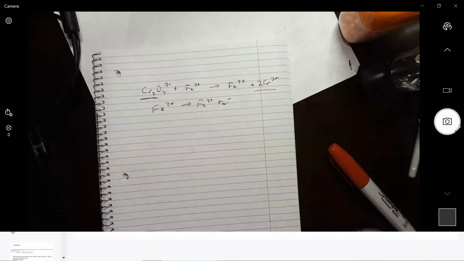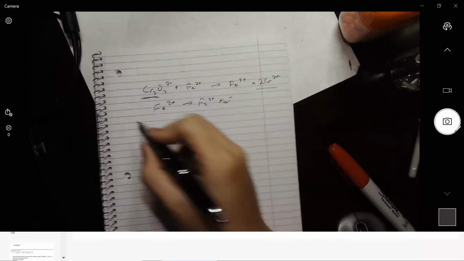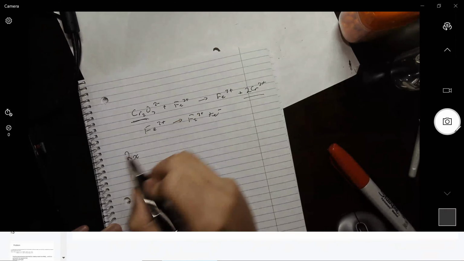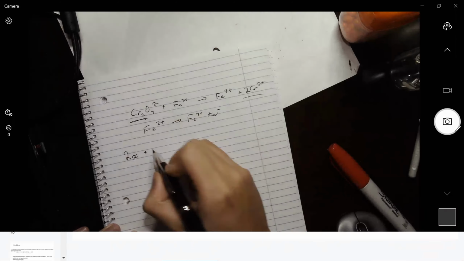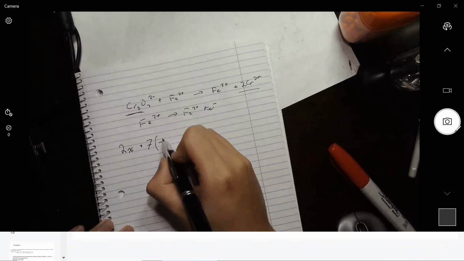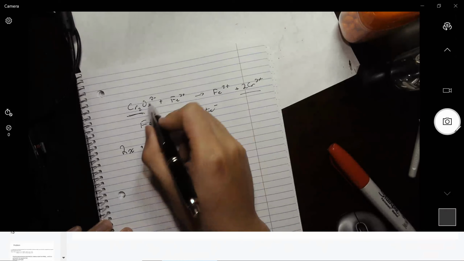So what's the oxidation state of chromium here? Let's just call the oxidation state X. We have 2 chromiums, so 2X, and we have 7 oxygens, and each one of them is 2 minus, equals -2, because the total charge is 2 minus.